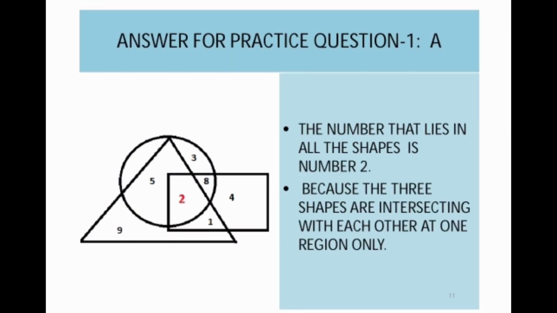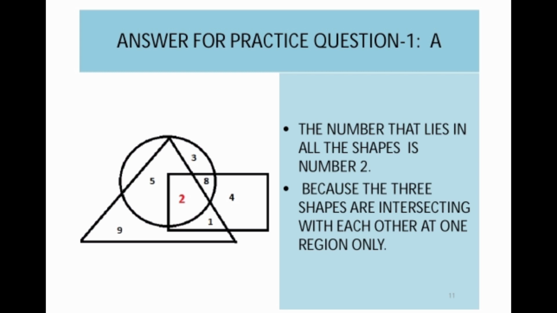So coming to the answer for practice question 1, the option is A, which is answer 2. The number that lies in all the shapes is number 2, because there is only one such region which is intersected by all the three shapes: circle, rectangle and triangle.